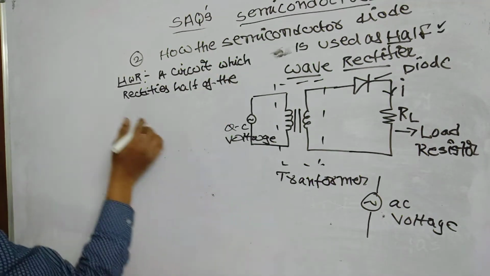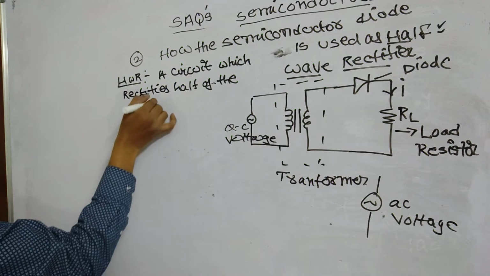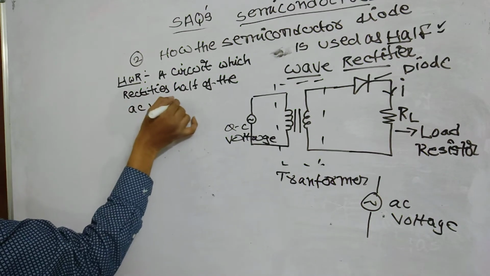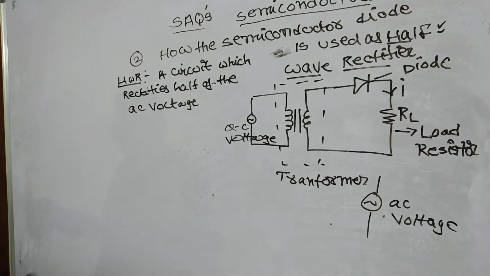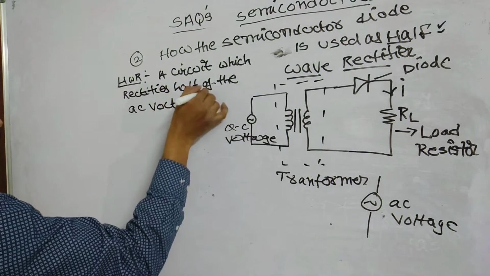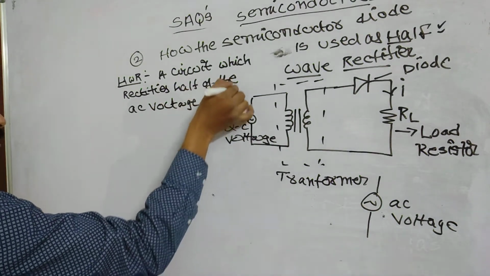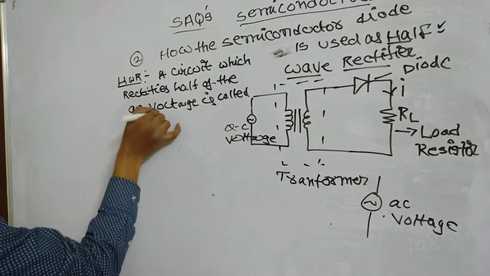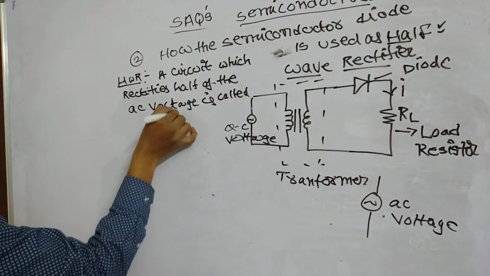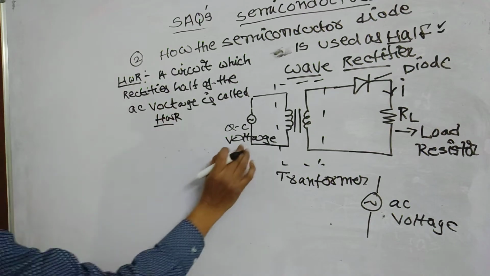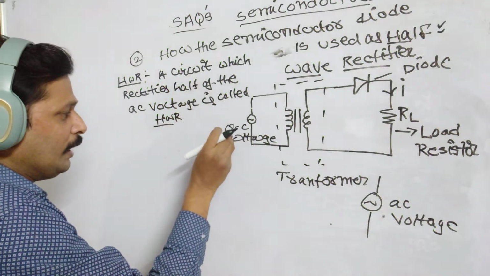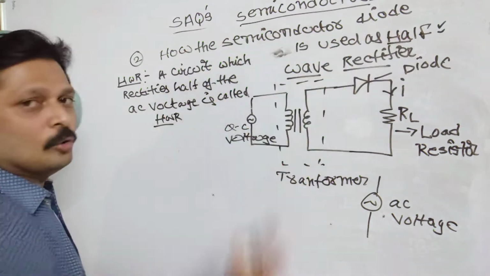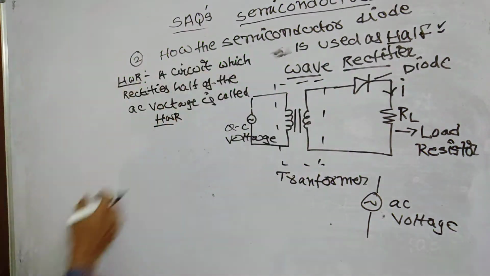The input here is the AC voltage. The given one is AC, and from that, half is removed. That is called a half wave rectifier.